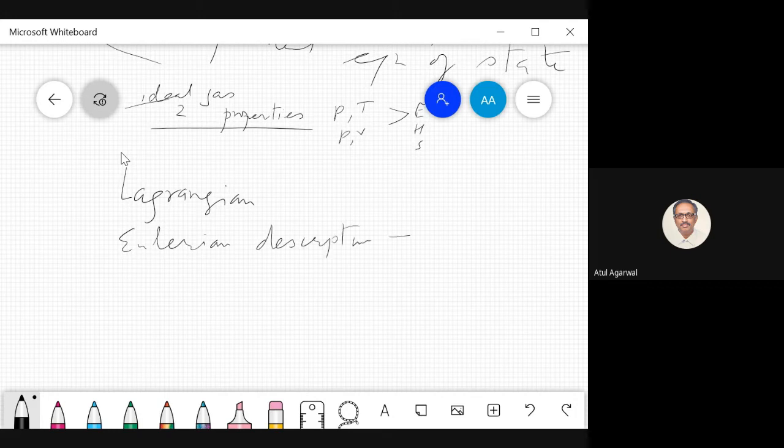So this is also known as spatial description. This is also known as material description. So what is the difference between these two? Suppose you have a particle. If you tell its position, its velocity as a function of time, so you are talking of a Lagrangian description.